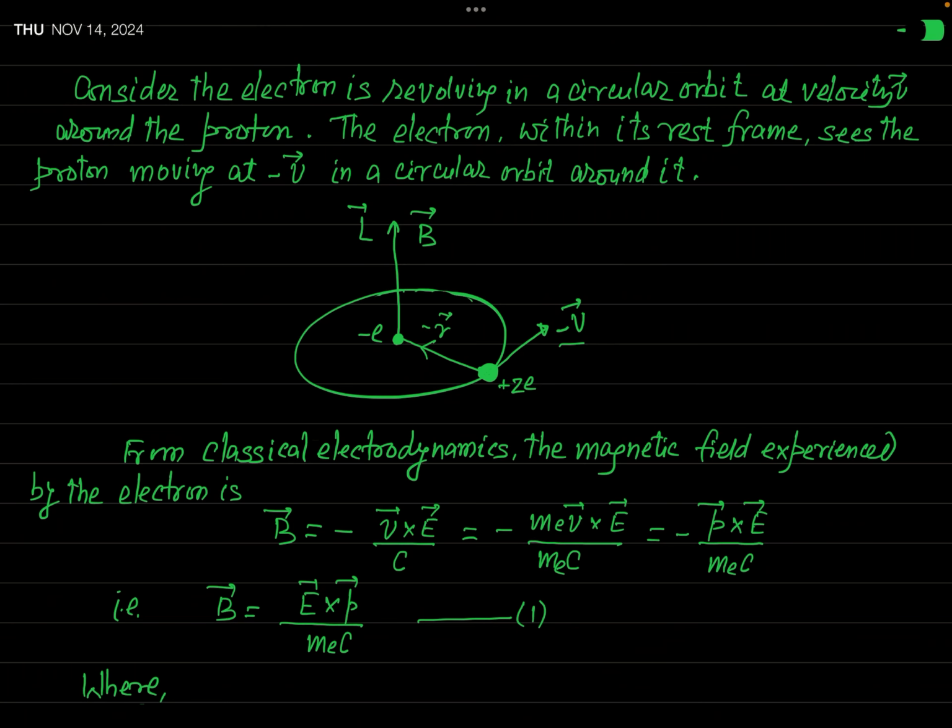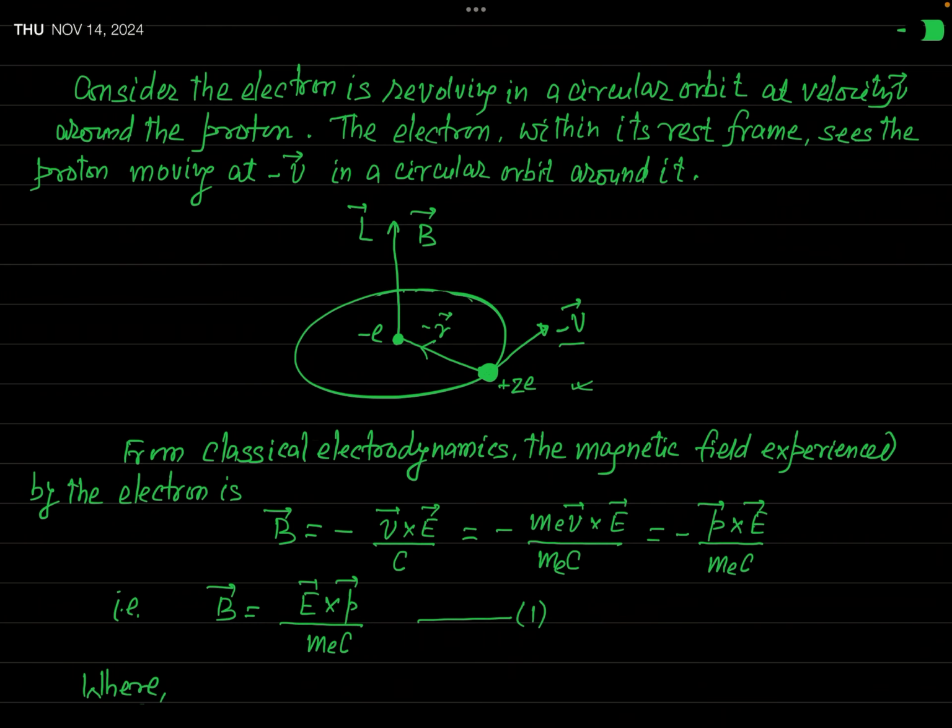In fact, the origin of the magnetic field experienced by the electron moving at velocity v in a circular orbit around the proton can be explained classically. As I have told you, the electron within its rest frame sees the proton moving with velocity minus v in a circular orbit around it, as you can see in this figure.